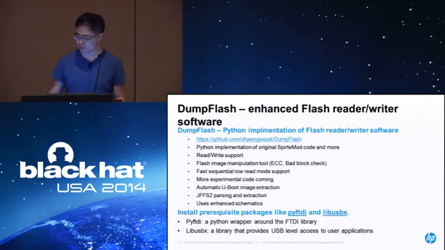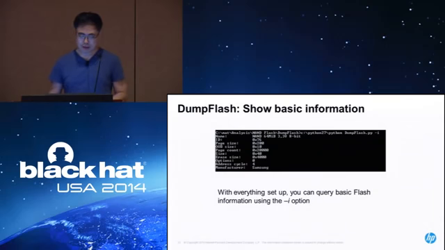This tool works on both Windows and Linux, so it's multi-platform. For example, I just ran it from Windows, and if you pass the -I option, it will display the basic information about the NAND flash memory, the name and the brand, Samsung. The chip will return an ID field, and the ID field represents the brand.